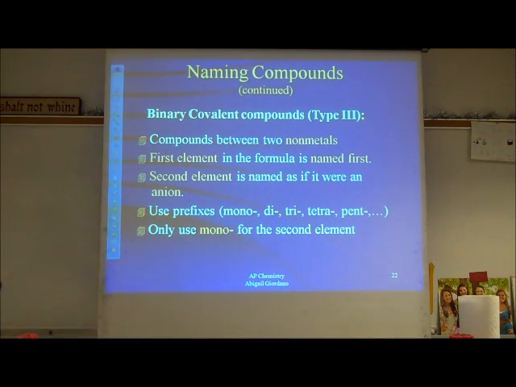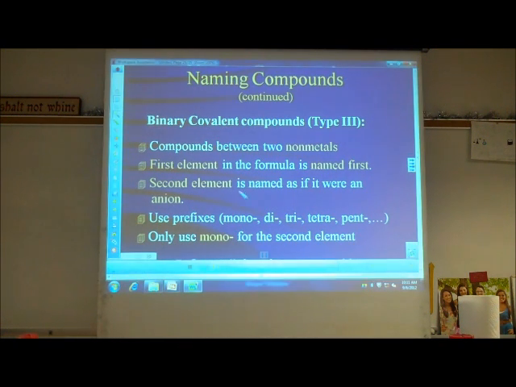Non. 10? Dec. And we're not going to go beyond dodeca. And folks, this is super duper easy. There's no charges, there's no swapping and dropping, there's no polyatomic ions. It is simply use the prefixes for how many elements there are. There's one little hitch to this.